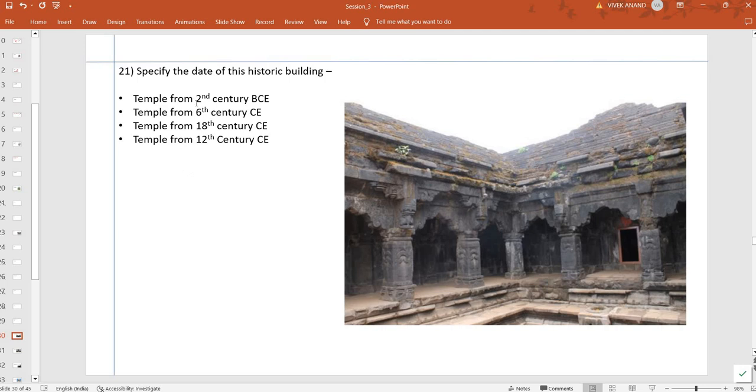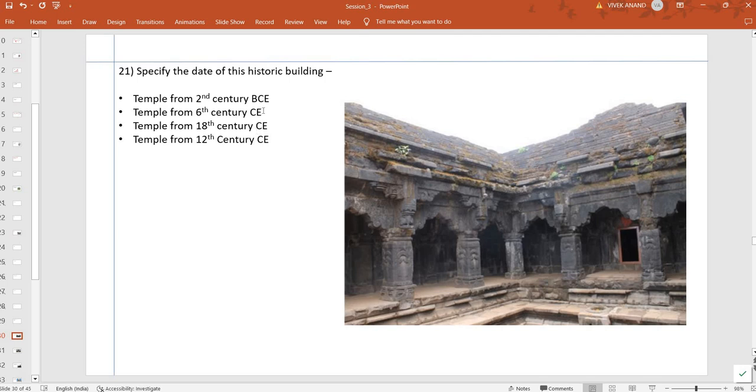In the 2nd century BC, did they use brick? Anyone? Saying 2nd century BCE. In that time, most of the buildings were made from stone only.